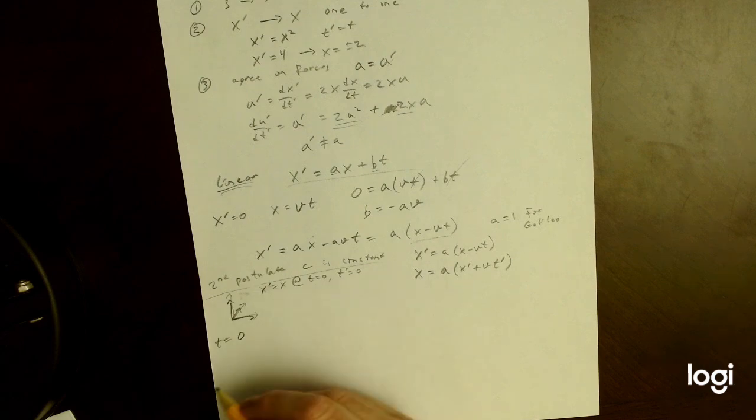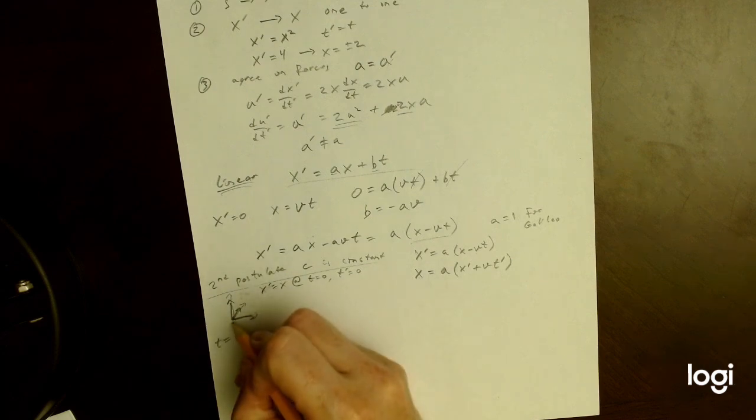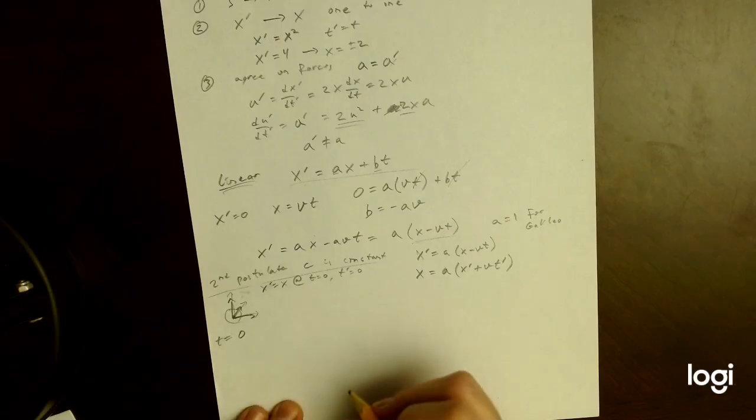So then the frames overlap, and at that instant in time, a light bulb at the origin is going to flash and send out a spherical wave pulse at the speed of light. So a single pulse of light goes out.